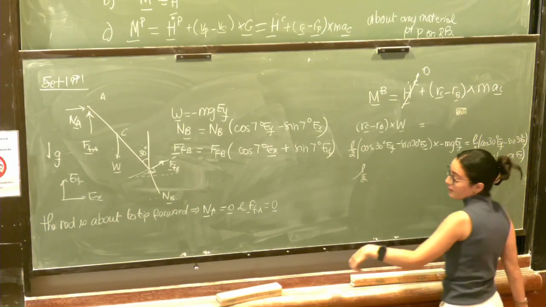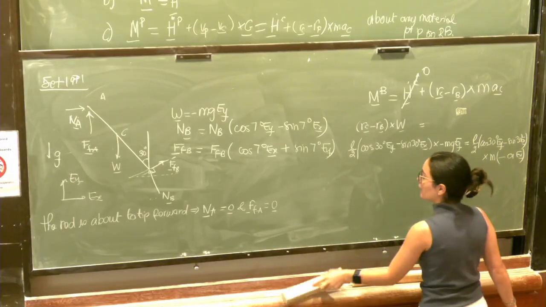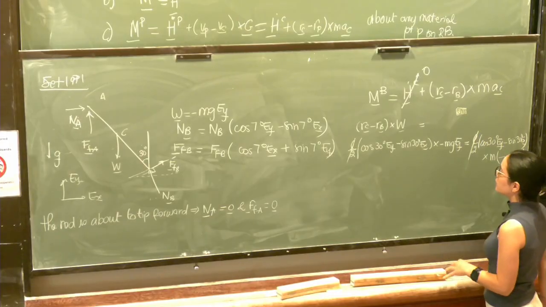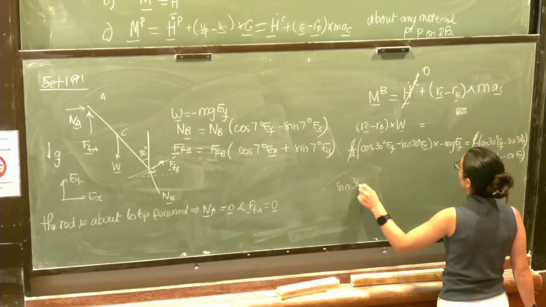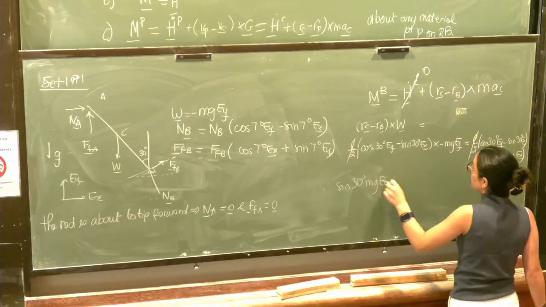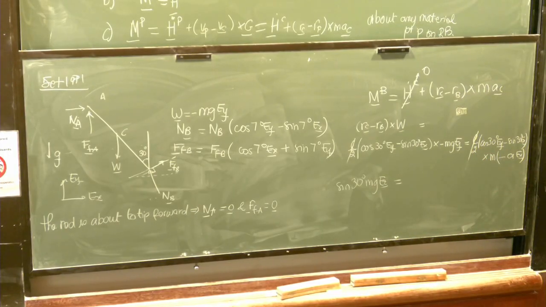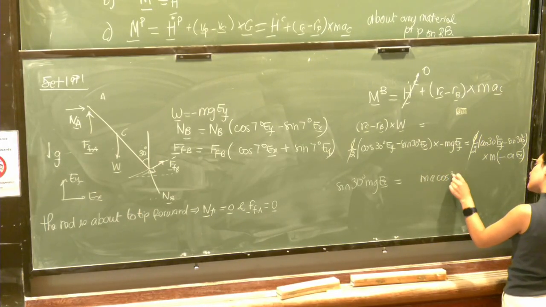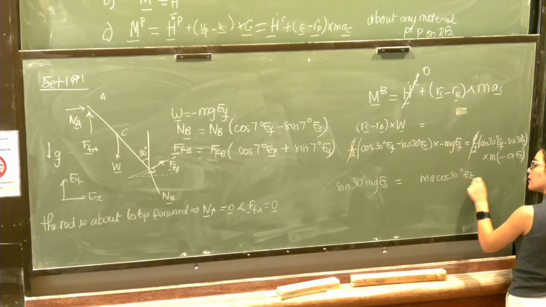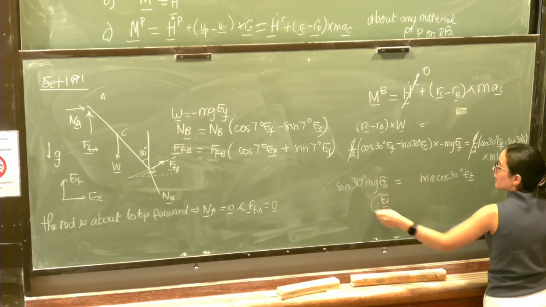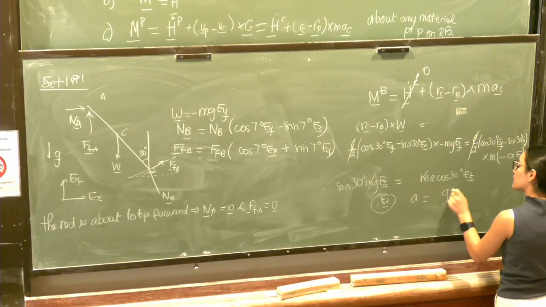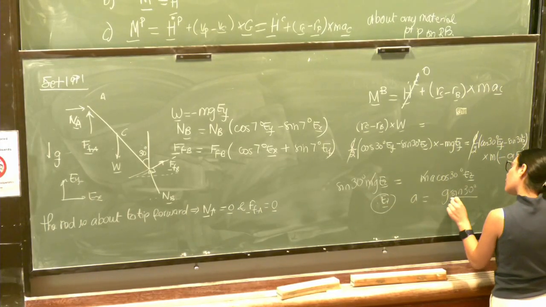The length is going to cancel out, so L over 2 and L over 2, bye-bye to you. So minus sine 30 degrees mg is equal to A cosine 30 degrees m. Easy. Dot with EZ, I get that A doesn't even depend on m: A is g sine 30 over cosine 30.